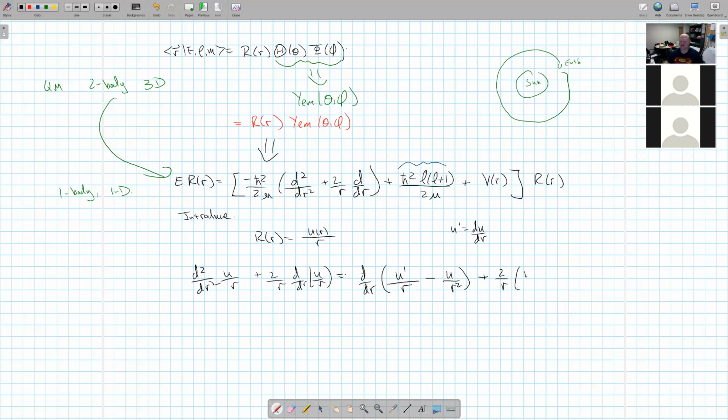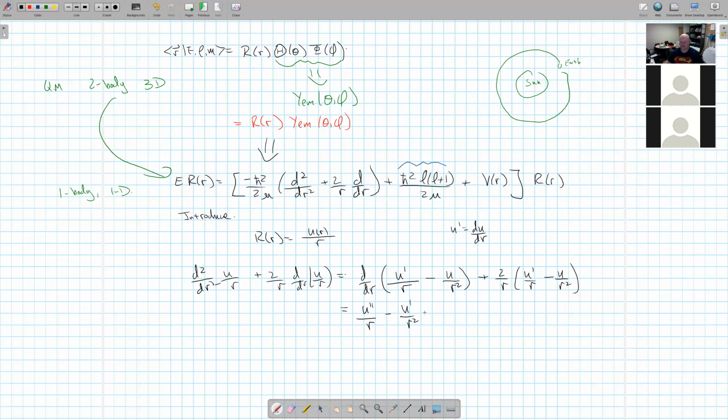So this is now u prime divided by r minus u divided by r squared. Now I'm going to have to take the derivative again. So this is going to be equal to u double prime divided by r minus u prime divided by r squared. So that's the two derivatives from this term.